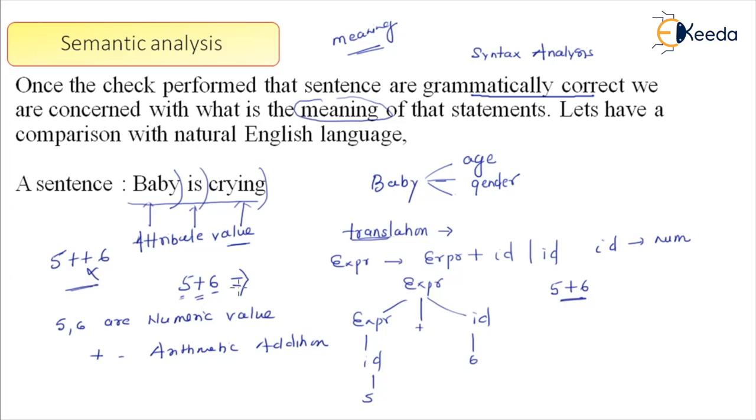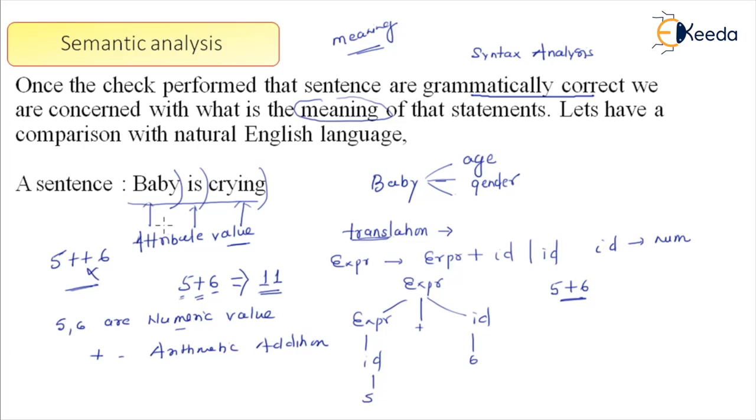But when you say 5 plus 6, immediately it comes to your mind that 5 and 6 are numeric values, plus is an addition operation, and 5 plus 6 in the context of mathematics you can directly translate to 11. That sort of translation we are talking about, and figuring out the meaning associated with the sentence is done in the phase called the semantic analysis phase.